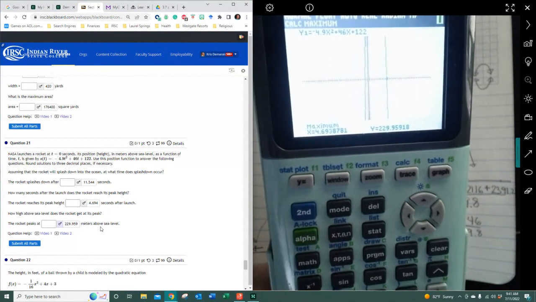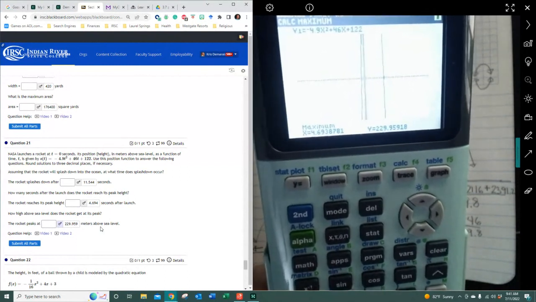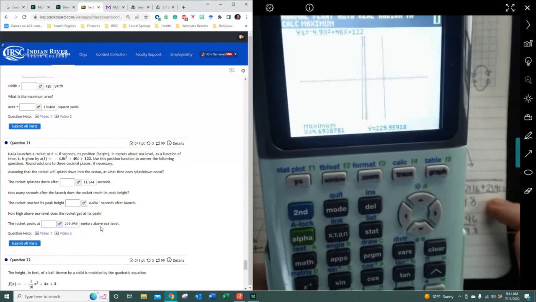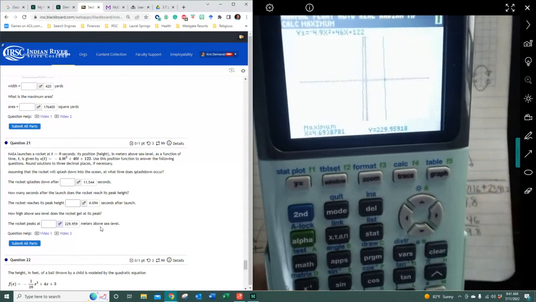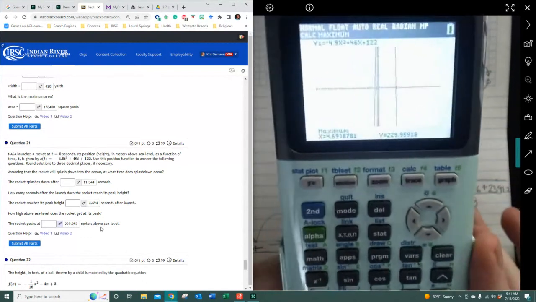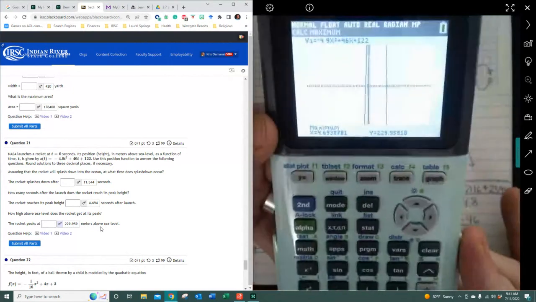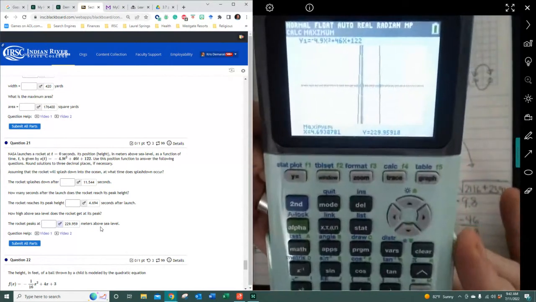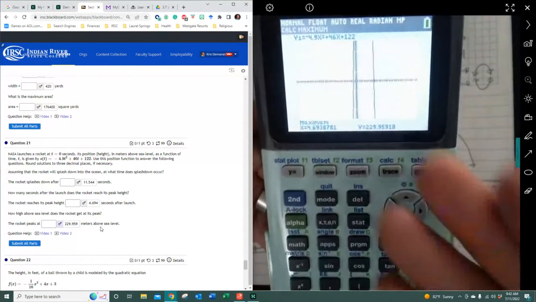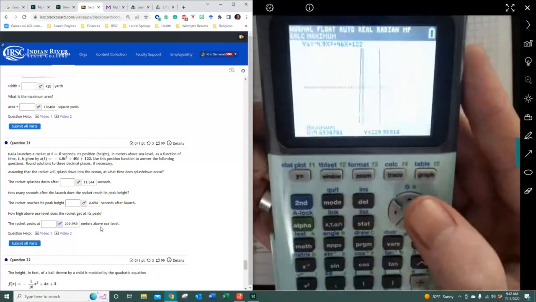So that was a lot easier using a graphical calculator, wasn't it? So maybe disregard using the graph or using the quadratic and such. Use a graphical calculator. It's going to make it a heck of a lot easier. I'm kind of laughing because I couldn't imagine making it easier than that by just using a graphical calculator.